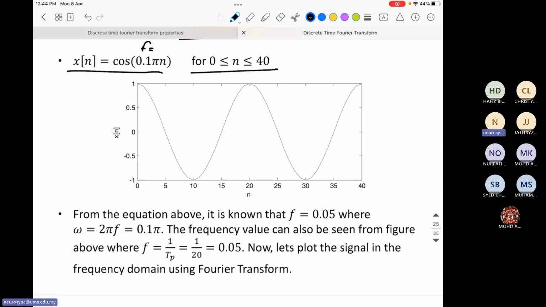What is the frequency here? The omega is 0.1 pi. So 2 pi f is equal to 0.1 pi, pi cancels. So the frequency is 0.05 hertz.